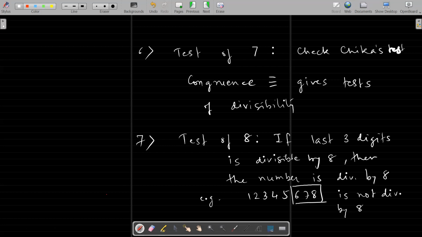In those days, when these tests were developed, there were no calculators, no machines for checking, so they were important. Now with calculators and computers, they are not so relevant, because you can check the whole number divided by 8.